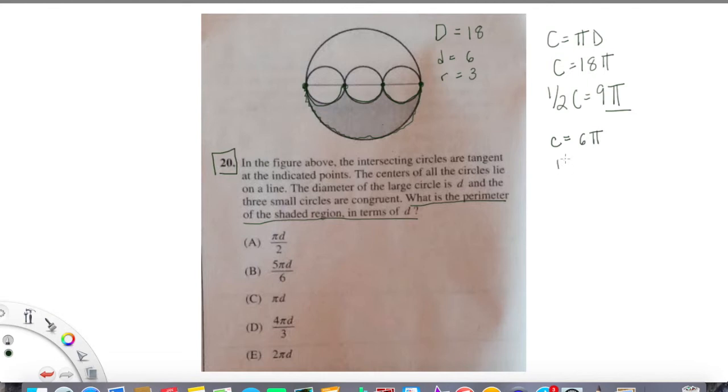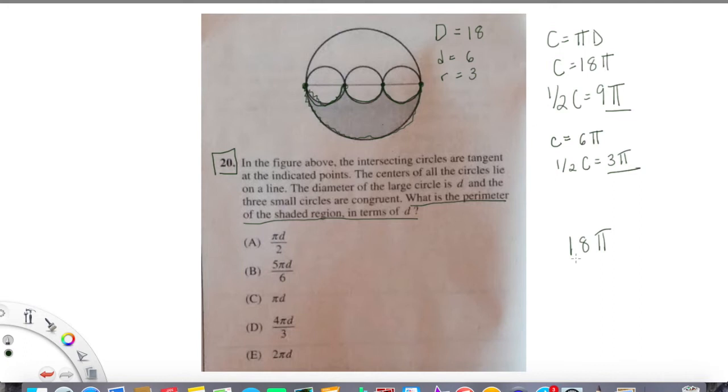We know that we're looking for half of that, so half of small c equals 3 pi. And we know that there's 3 of those. So we have this piece, 3 pi right here, with my new squiggly line, 3 pi 3 different times. So we have 9 pi and 3 pi 3 different times, which is simply equal to 18 pi.